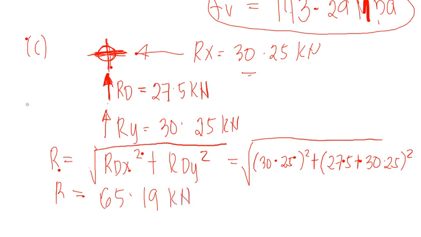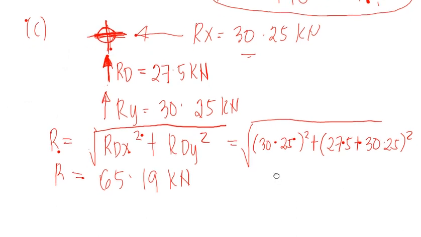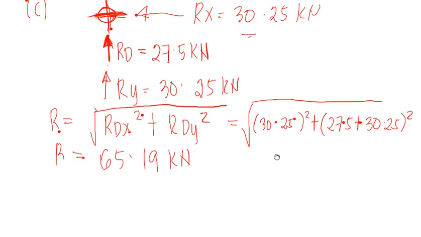So, load pa lang yan. Hindi yan yung hinahanap natin sa problem. Kasi ang hinahanap natin sa problem is yung shear stress. And ang alam natin that shear stress is equal to R, the load over the area.